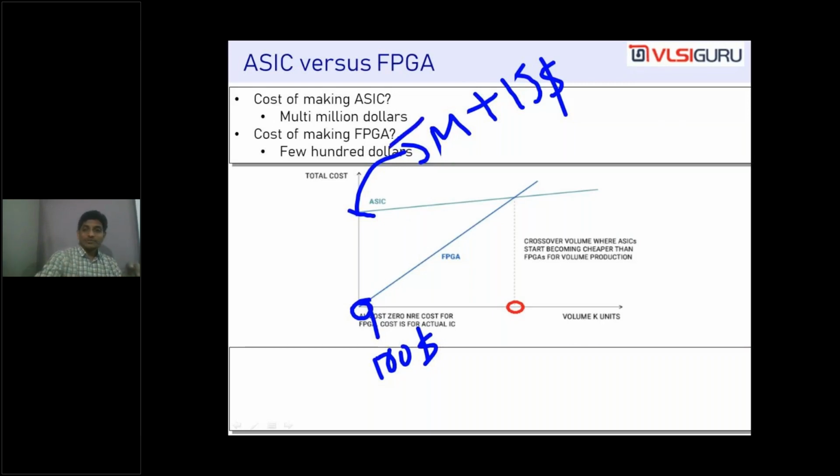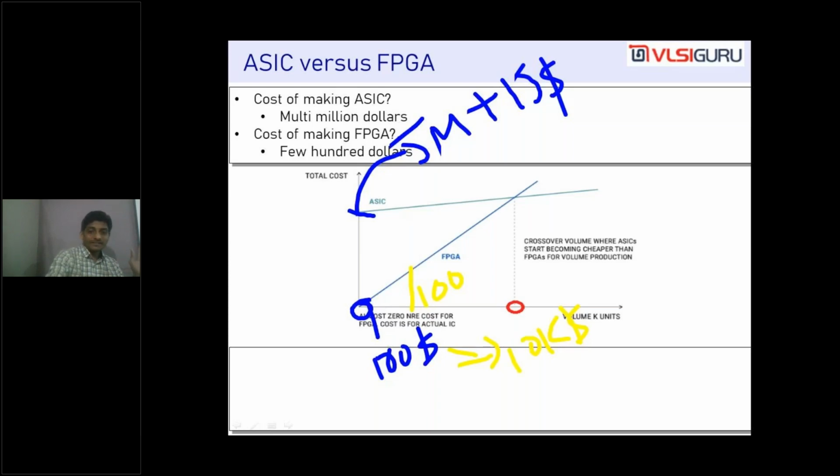Now, let's say you wanted to make 100 chips somewhere here. What would be the cost of FPGA? There is no fixed cost in FPGA because you just have to purchase the board, that's all. How much will that be? $10,000, right? Because 100 into 100 is 10K.